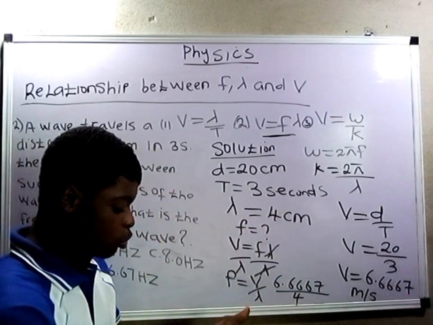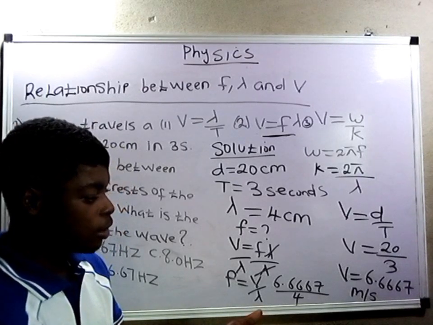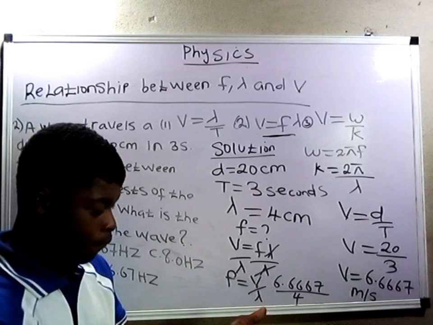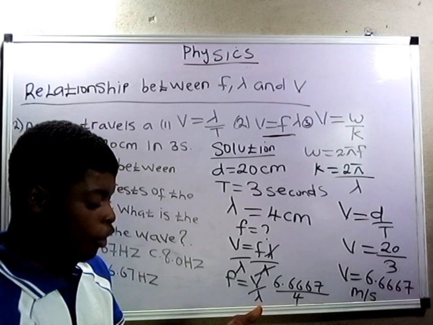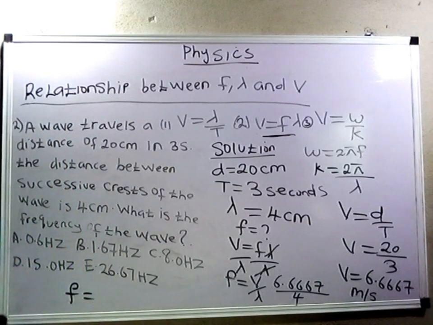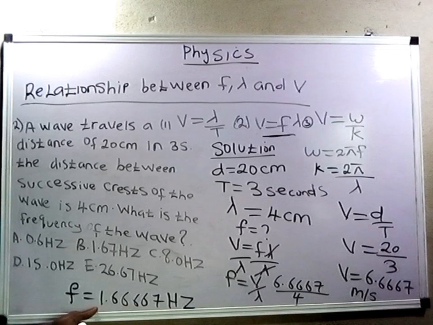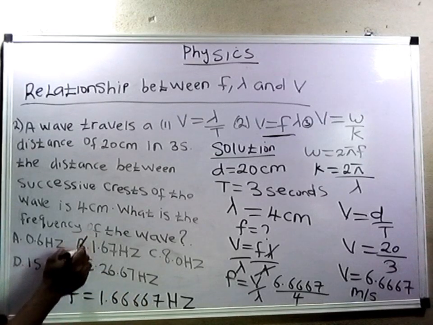So using a calculator, 6.66667 divided by 4, we end up having our frequency to be 1.666 approximately. Approximated to 3 figures, it will be 1.667 hertz, which is option B. So option B is the answer to this question.